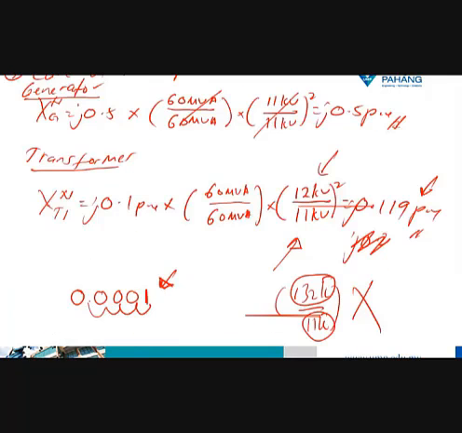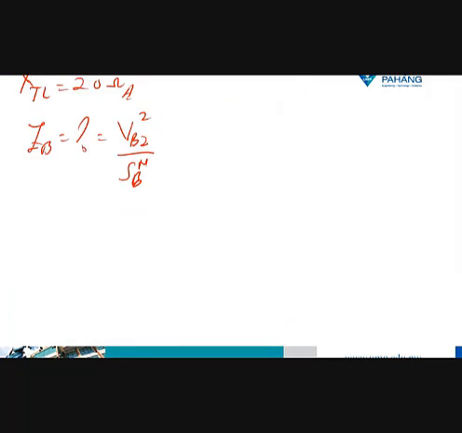So for region 2, V base is V base 2. To calculate the Z base, we use V base 2 square over S base new. V base 2 is 121 kV, squared, over S base new. S base new is given in the question, so we just take 60 MVA.